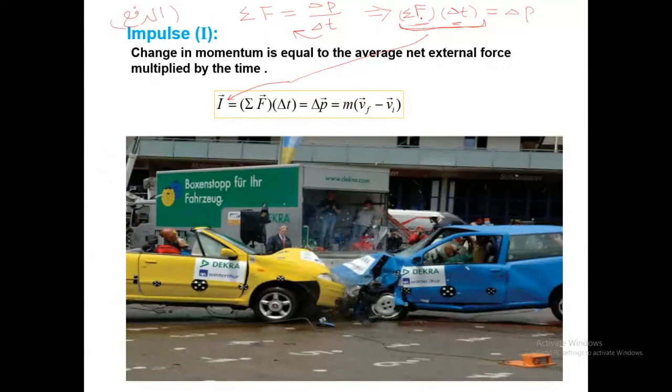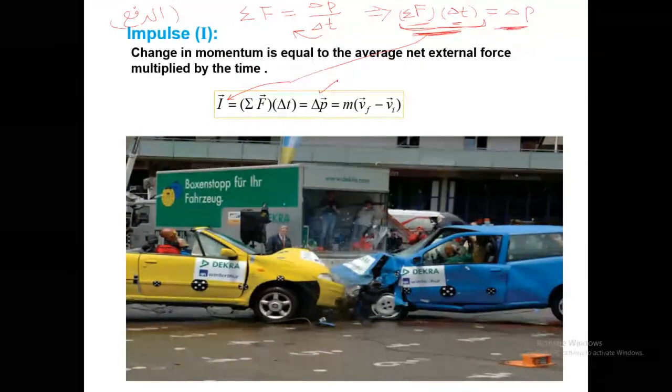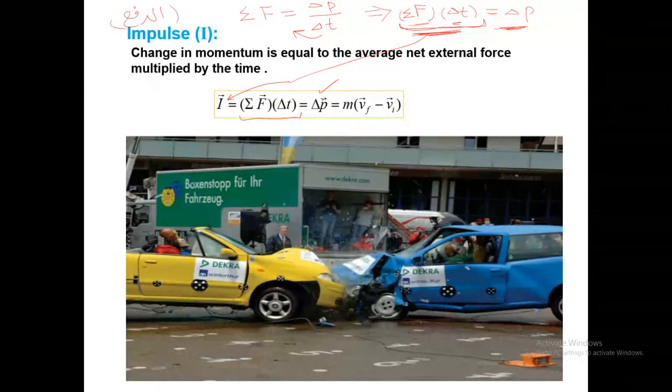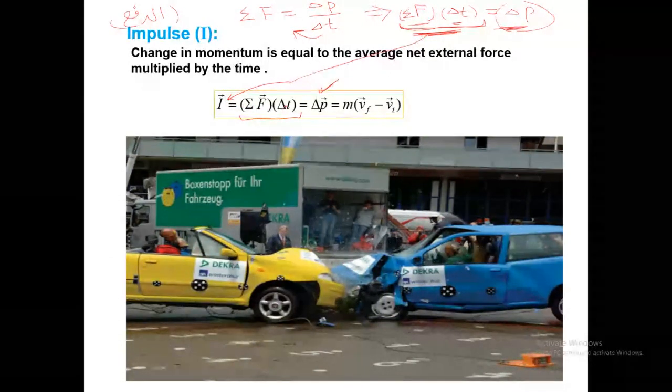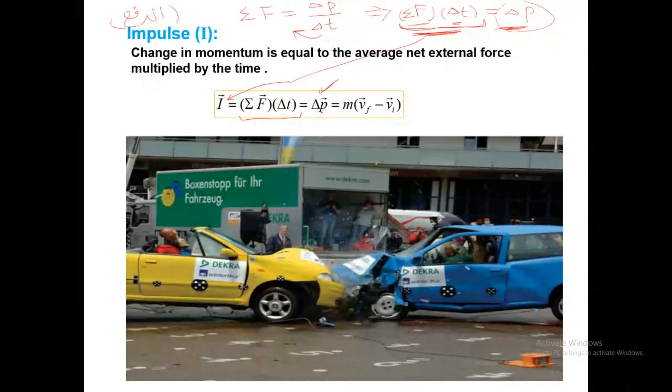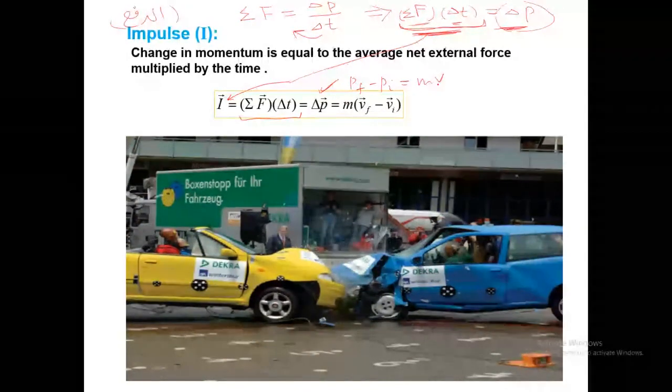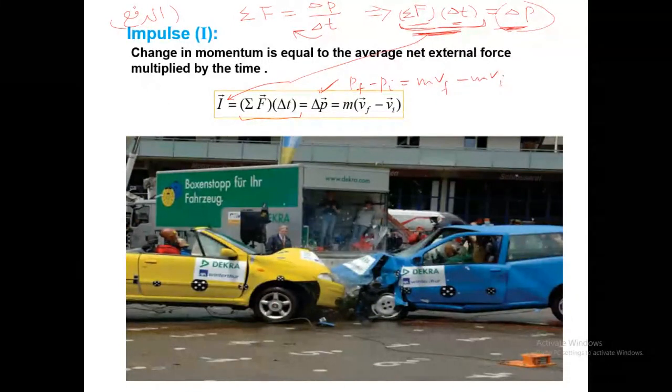So impulse, which is force multiplied by time, as you see here, is equal to change in momentum. The same thing I'm writing here. Force multiplied by time is equal to delta P, and force multiplied by delta T is impulse. So impulse is equal to F multiplied by T, or impulse is equal to change in momentum delta P. When you have change in momentum, you have final minus initial. Final is this, initial is this. M is common, so inside you'll be having this one.